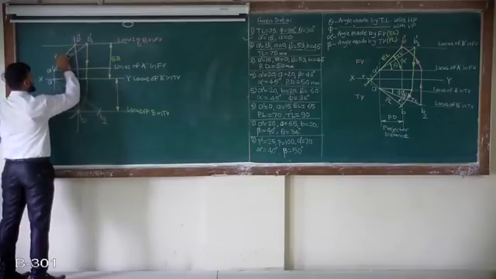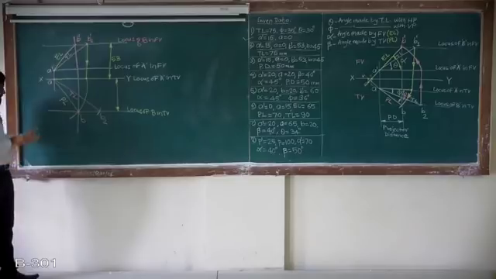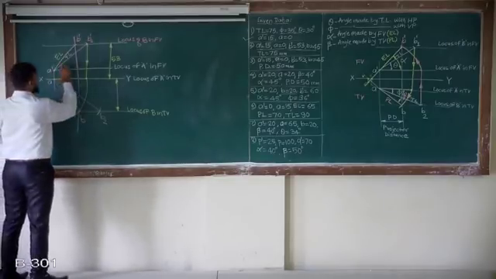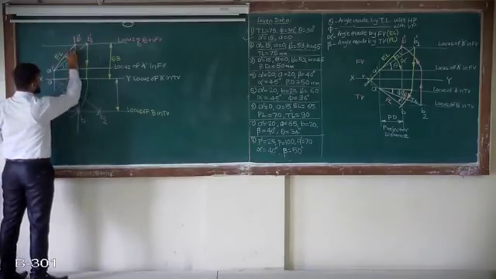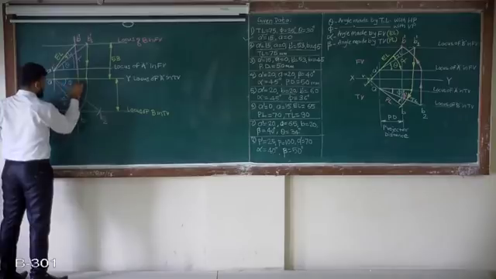This is your elevation length. So the problem is completed. Just mention the angles: this angle is theta, this angle is alpha, this true length angle in top view is phi, and this angle is beta.